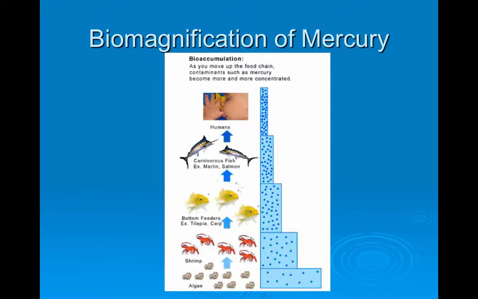And then an apex predator comes and eats the larger fish, and now that largest fish has 8 bits of mercury in it. So we went from something where each little bit of algae had only 1 bit of mercury to an apex predator that has 8 bits of mercury in it. So that is, it bioaccumulates in one organism, and then it biomagnifies as you move up the food chain.